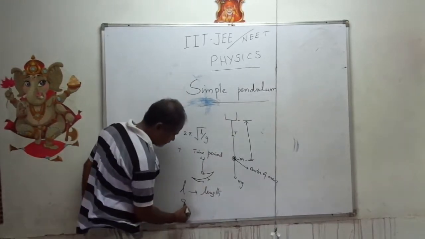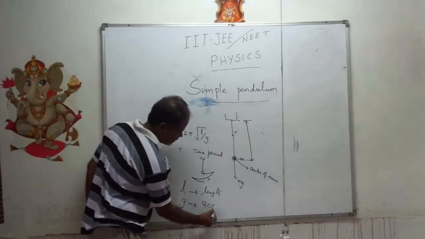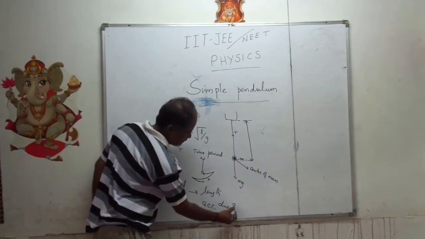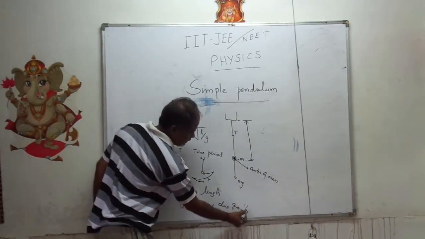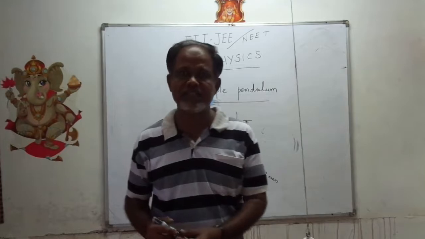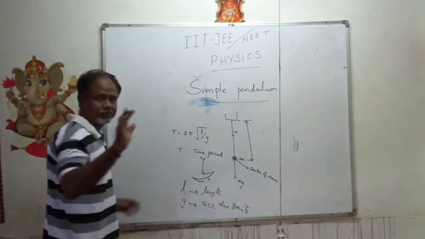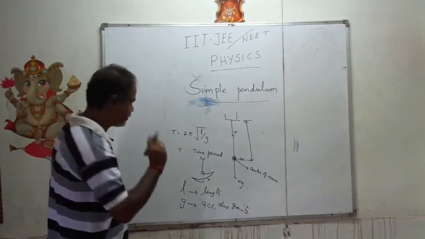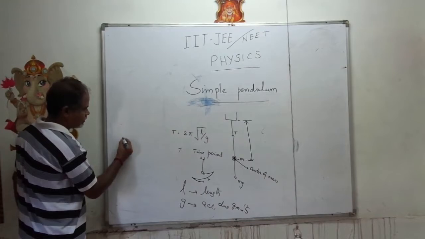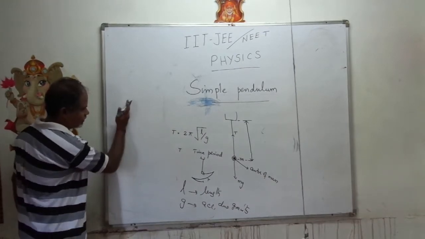What is g? g is acceleration due to gravity. For example, I am giving this as a small experimental setup.